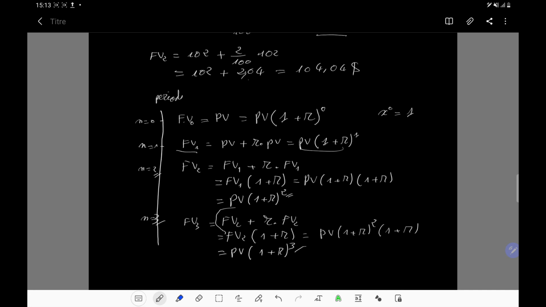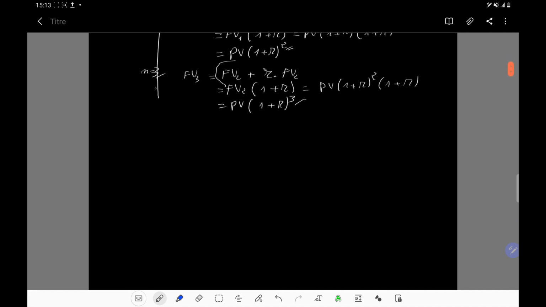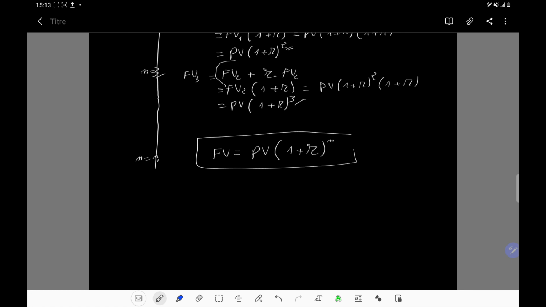Okay, for any point of time at n equals n, future value equals present value times 1 plus interest rate to the power of n, the period number.